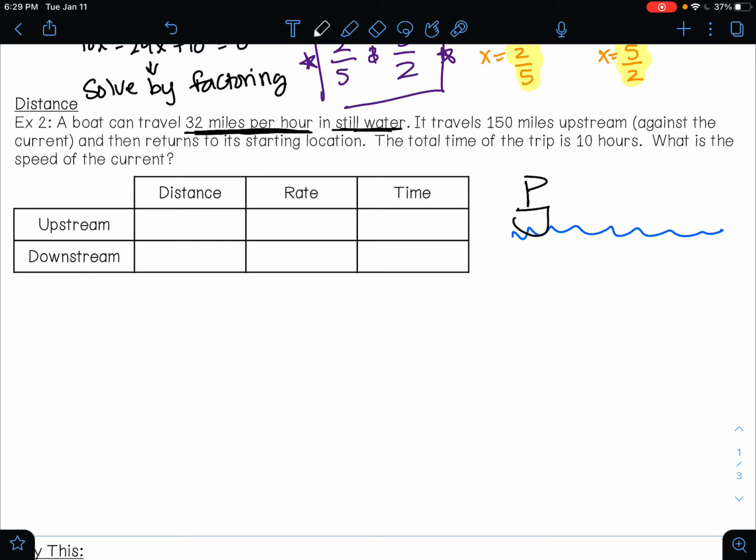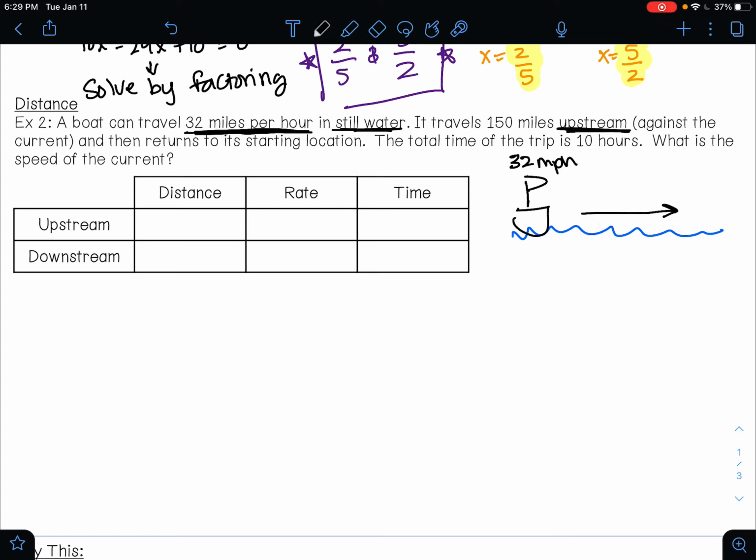This river has a current, and when it is going upstream, it's going against the current. So the waves of the current are going the opposite direction. If the boat is going forward at 32 miles per hour, then the current is going in the opposite direction, slowing it down.